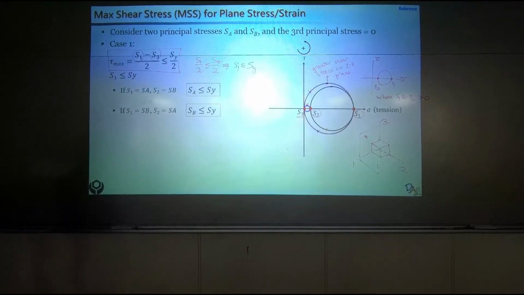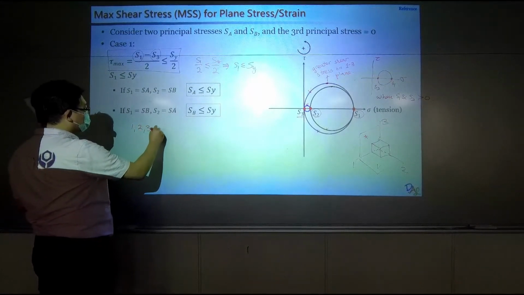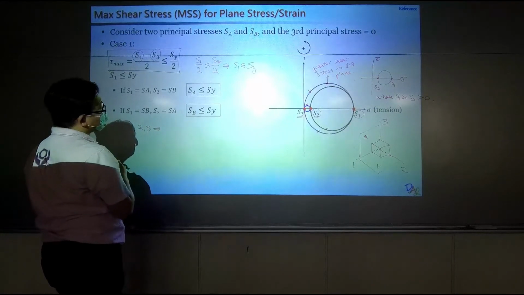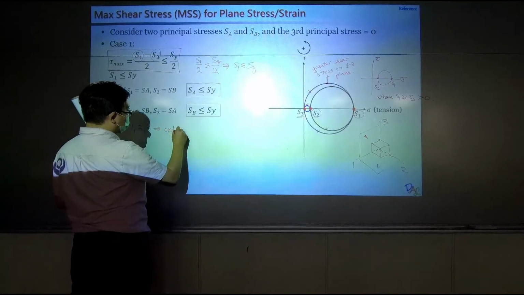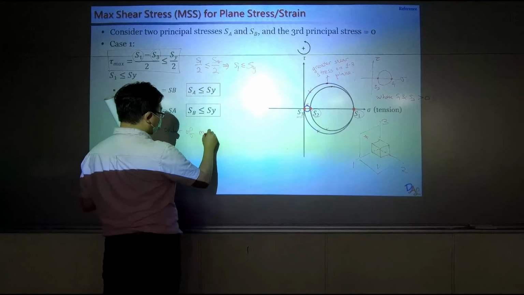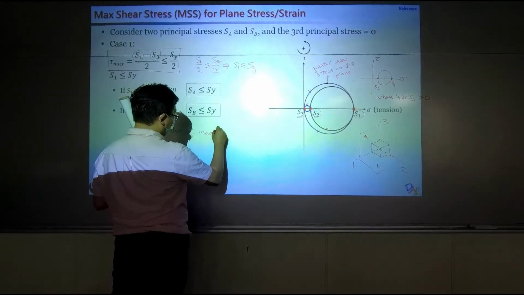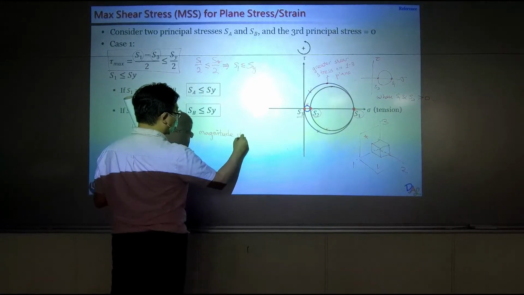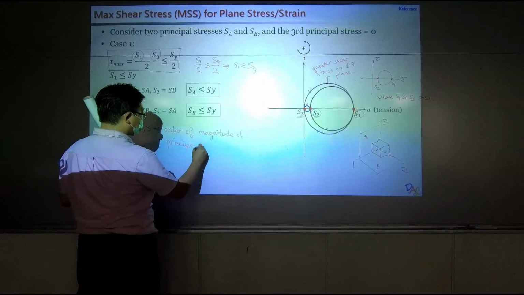Why do we say SA and SB? Okay, so 1, 2, 3 represent the order of the magnitude, or should I say amplitude, magnitude of principal stresses.